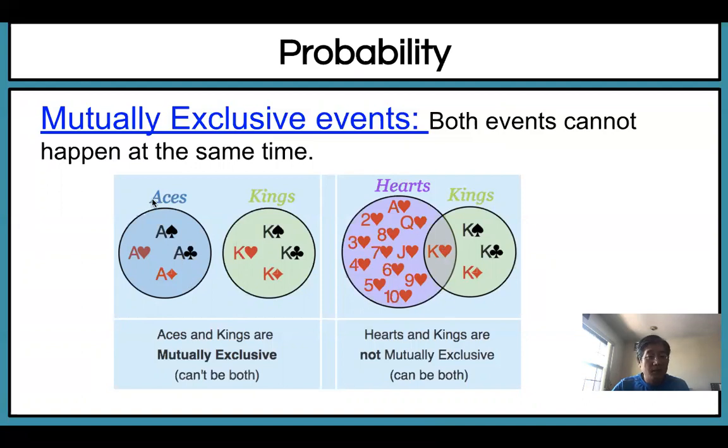But in this case, aces and kings, there's no intersection. There is nothing in common. They never take place at the same time, so they are mutually exclusive. But if they have something in common, like hearts and kings, there's a king of hearts, so these events cannot be mutually exclusive.